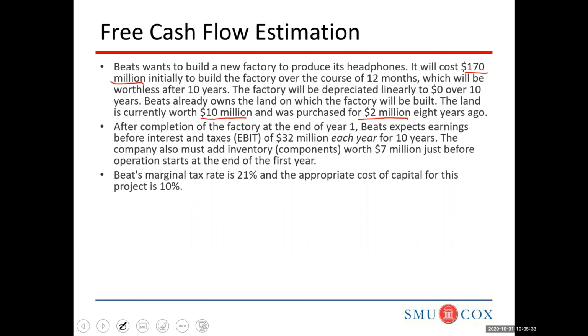I agree. The fact that you bought it for 2 million in the past, that is sunk cost, and that is not relevant. But do we just get to use it for free, if it's valuable? I think you have to account for that. Think of it as an opportunity cost.